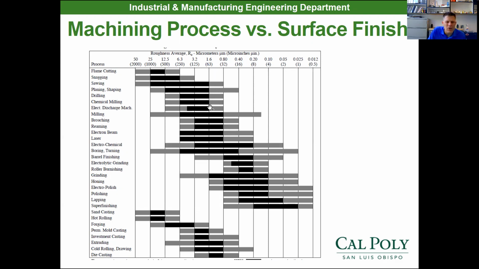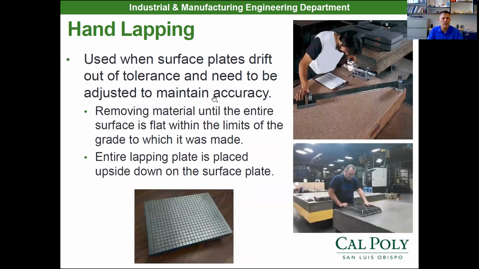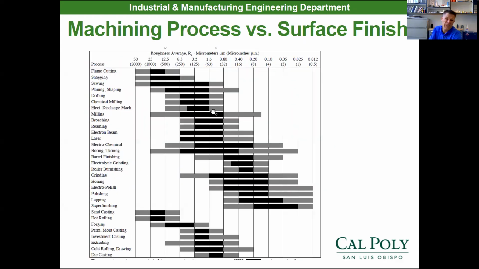I know it says you can barely get past the 63, but you can get down to a 32. I'd say we're better than 63 on those Geneva drive wheels, probably in the 50s, maybe high 40s. But we could test it with a profilometer. That shows you how all these machining processes work in terms of surface finish and tolerance.